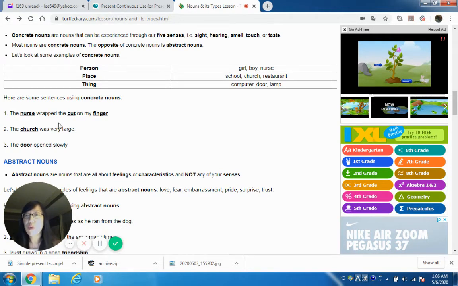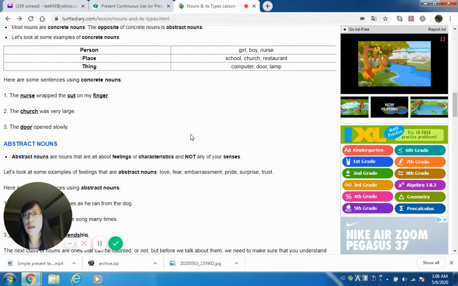The nurse wrapped the cut on my finger. 2. The church was very large. 3. The door opened slowly. So all these bolded and underlined words are common nouns, and these are concrete nouns.